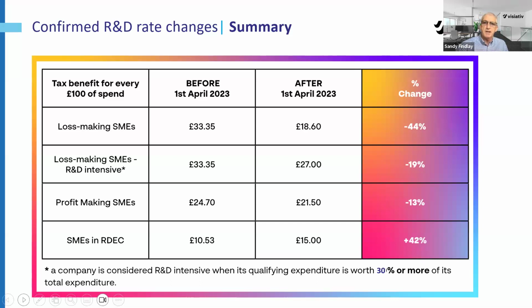Most loss-making SMEs will go from £33.35 benefit per £100 spent down, again, to £15, because they'll get the same cash back as they would get for a tax relief under the RDEC scheme. So they will see the biggest impact, and it will be about 55%.